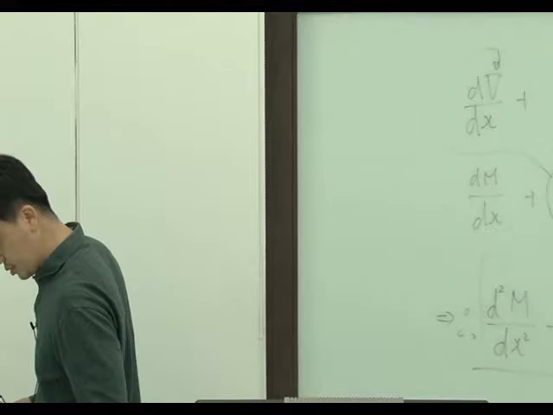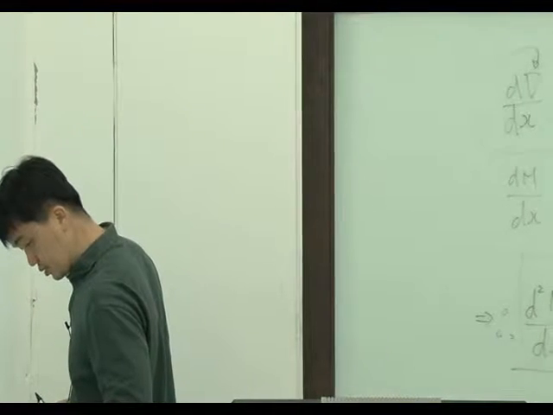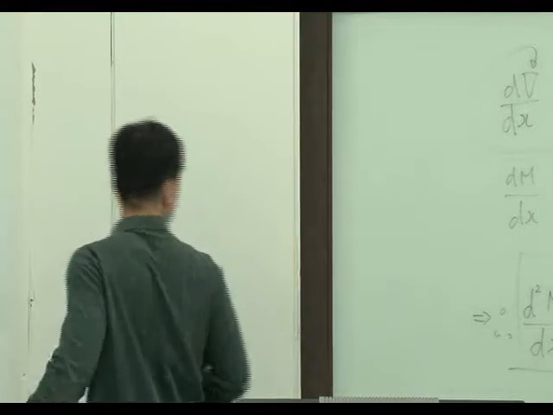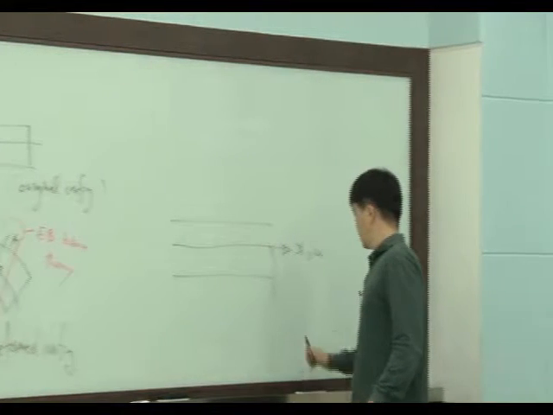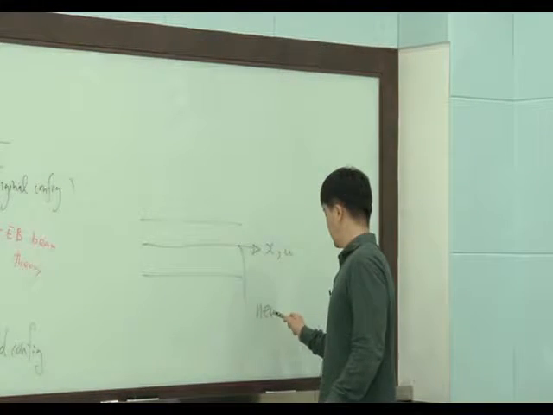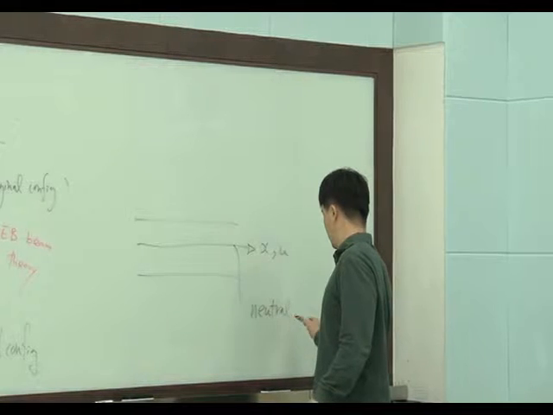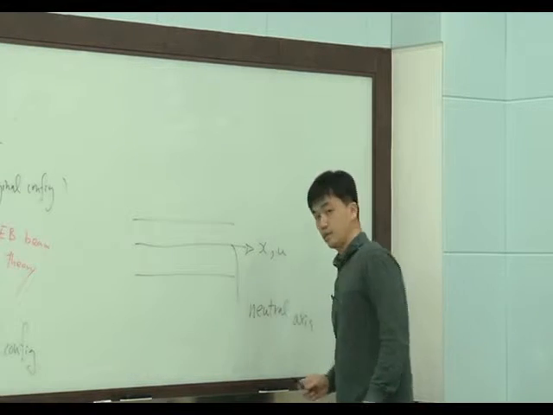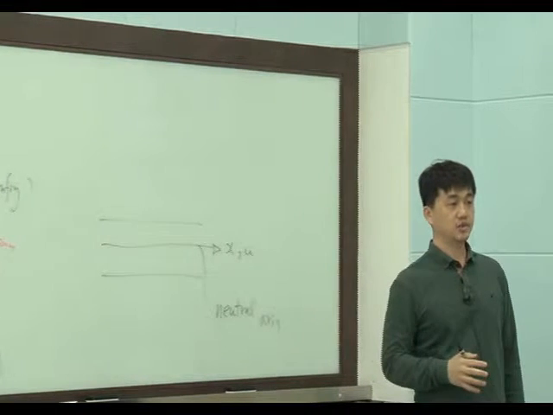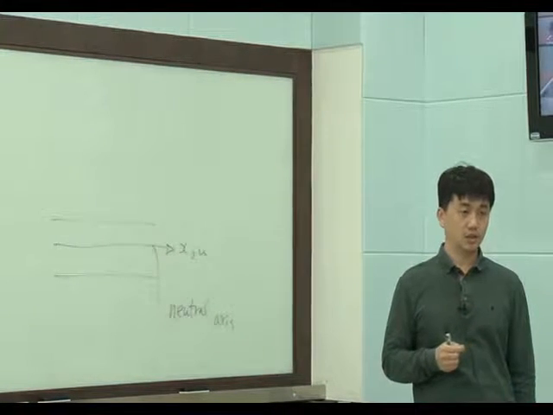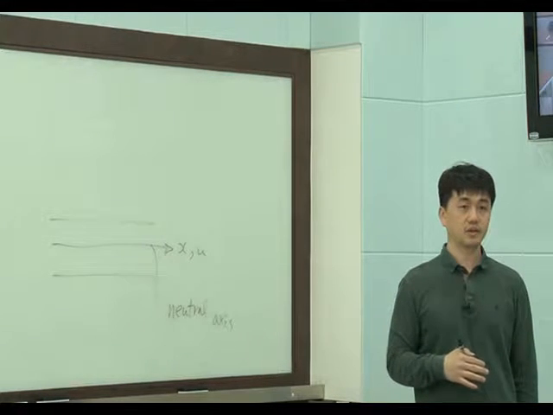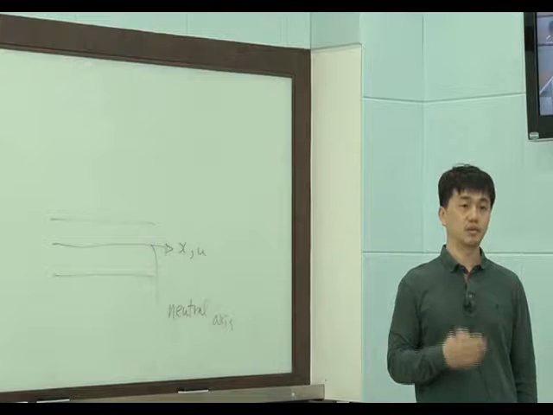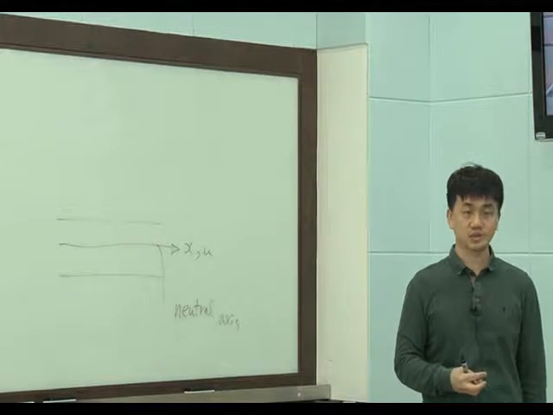You remember the neutral axis? Yes, that's right. So in beam theory, when we make a reference line, we always use the neutral axis.